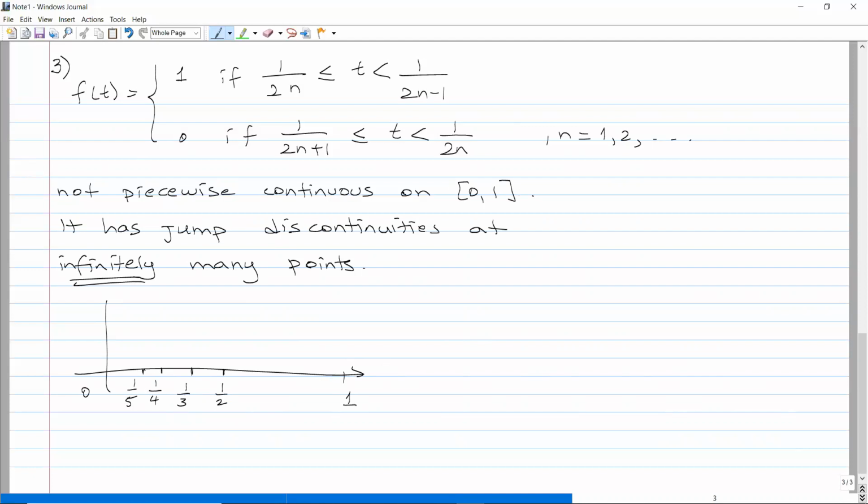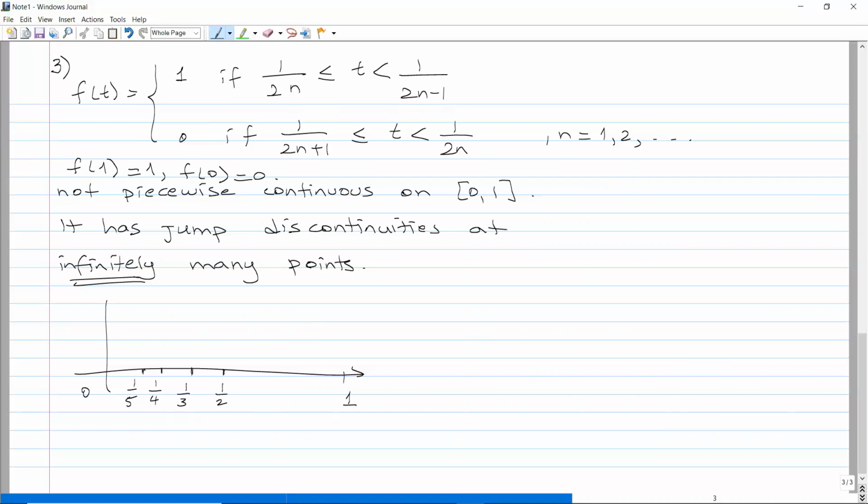So in the interval where t is, okay, let's see. For n equals 1, between 1/2 and 1, and we need to define f of 1. So let's say f of 1 is 1 and f of 0 is 0. We need to define those two.